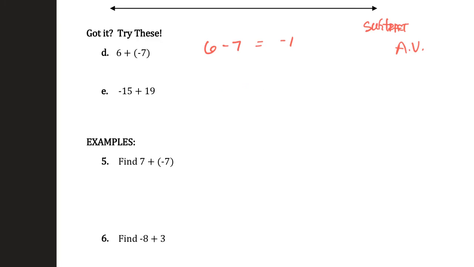This one. Let's subtract their absolute values. And in this case, when you're subtracting the absolute values, do it this way. Go 19 minus 15 equals 4. We know the larger absolute value is 19, and it's positive, so my answer is going to be positive. Okay, it's a good way to look at it.